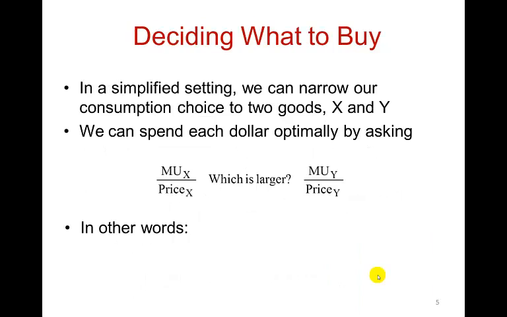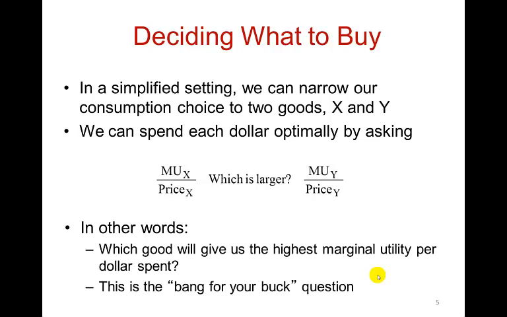So a little bit more formally, we could think about our consumer deciding how to spend each dollar. And we could ask, what if our consumer is going to buy a little bit more of two goods, good X and good Y, which of those goods should our consumer purchase? What our consumer should do here is consume a little bit more of whichever good has the higher ratio of marginal utility over price.